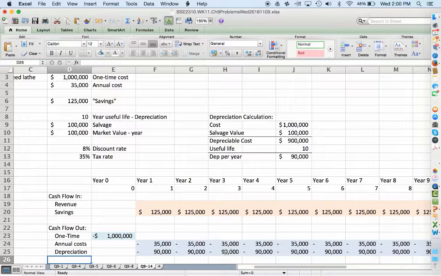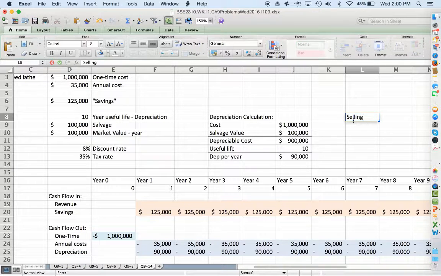I could just take it out of my factory and I can sell it for $100,000. So what I want to do is figure out how much cash flow I'm going to get from selling the lathe. So, what is the selling price? It's probably going to be the $100,000 market value.